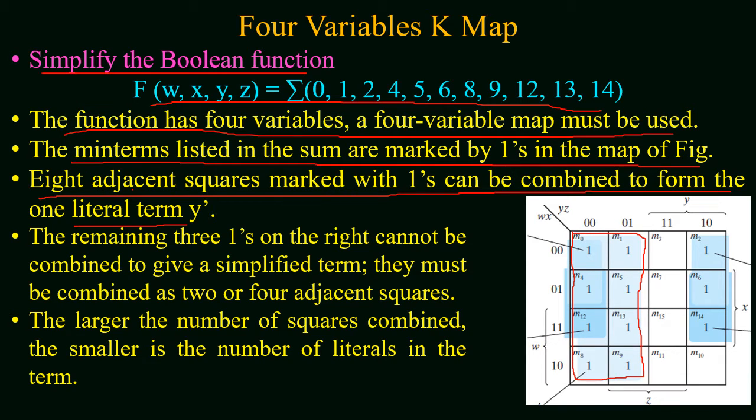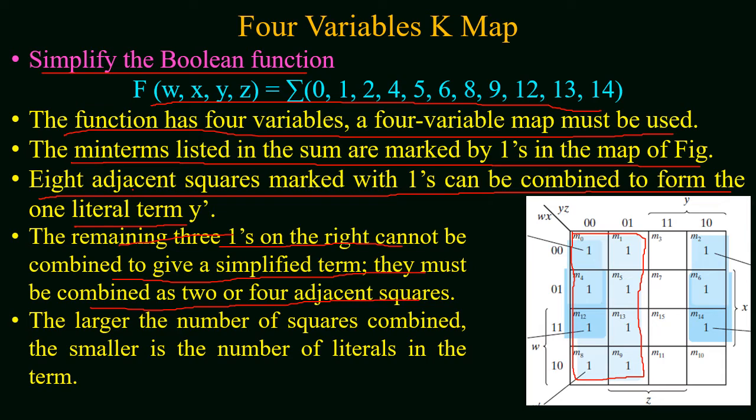Now the remaining 3 on the right cannot be combined to form adjacent squares because the groups are formed according to the power of 2, which means that they can be 1, 2, 4, 8, 16 and so on. So the remaining 3 must be combined as a group of 2 or 4.